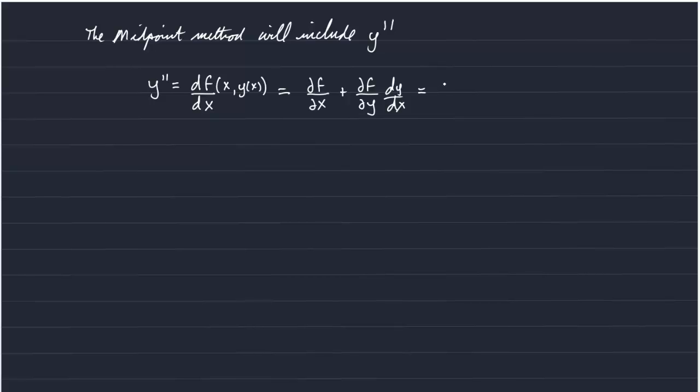And we can also write that in slightly different notation as the partial of f with respect to x plus the partial with respect to y times f, where again y prime is equal to f. Okay, and this is y double prime.